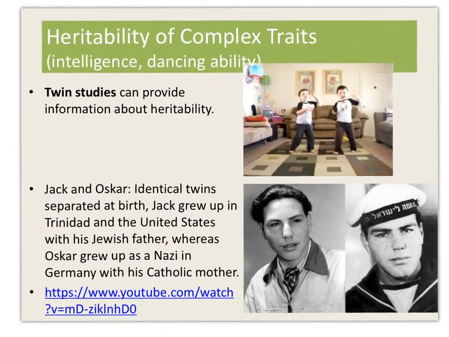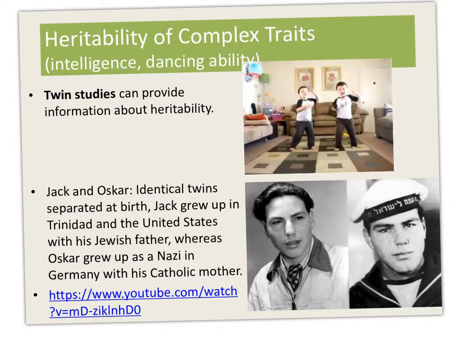Now, we can get a better idea of heritability. First of all, we can sequence things nowadays, but in the past, we could look at identical twins compared to fraternal twins, or monozygotic versus dizygotic.